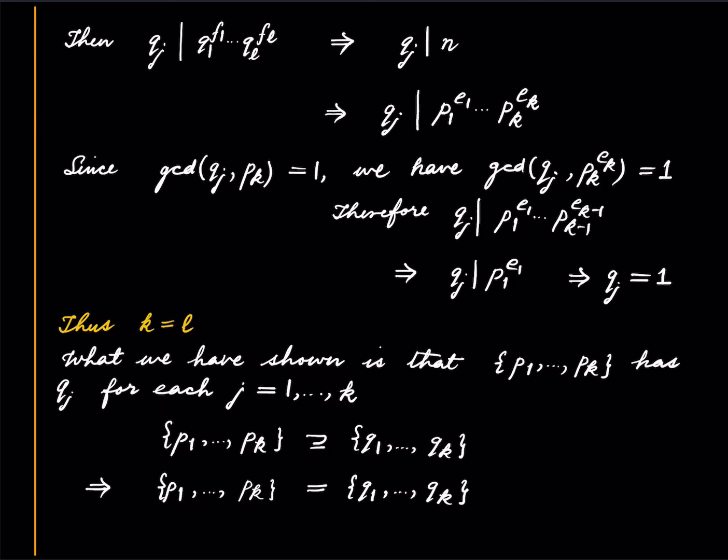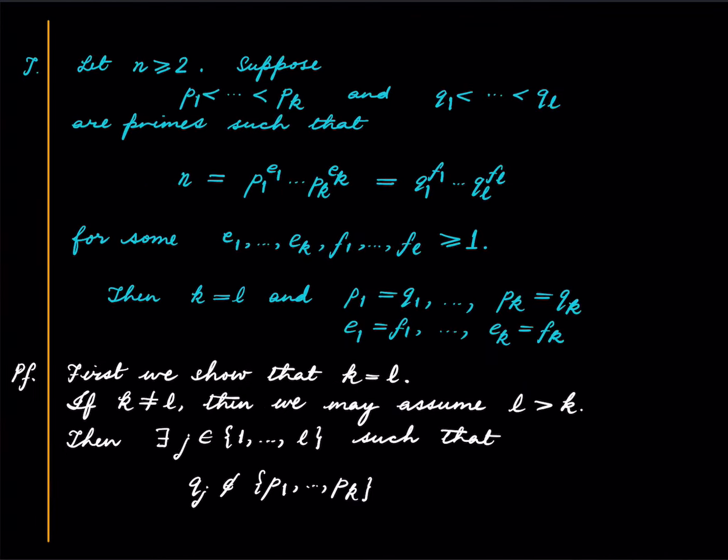Since P1, P2, P3 are in increasing order, and Q1, Q2, Q3 are in increasing order, this also implies that P1 equals Q1 dot dot dot Pk equals Qk. So we have shown this much so far.